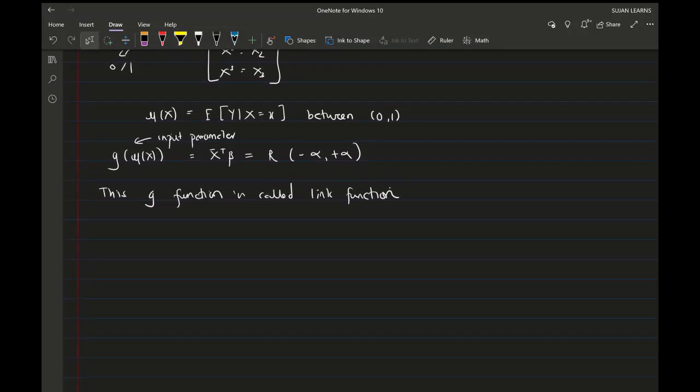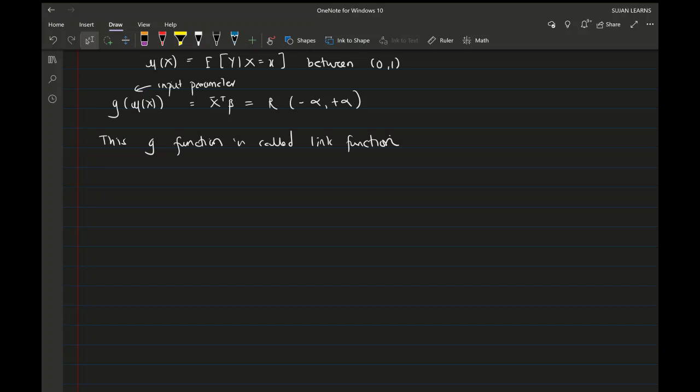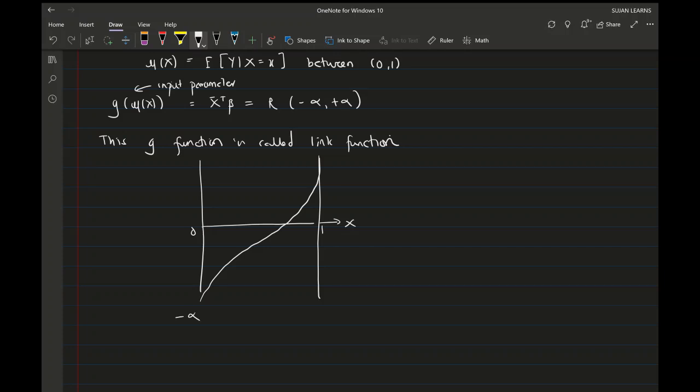So here's an example of a link function. Let's take this line, and you have this x-axis here with the 0 and 1 on the x-axis, and y goes from minus infinity to plus infinity.